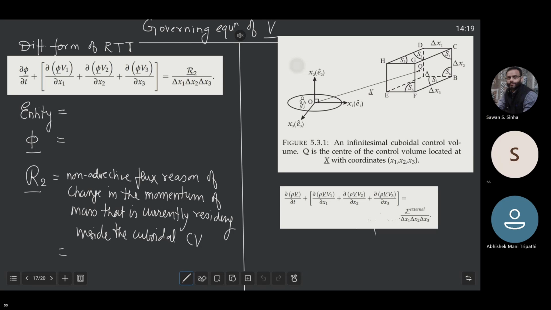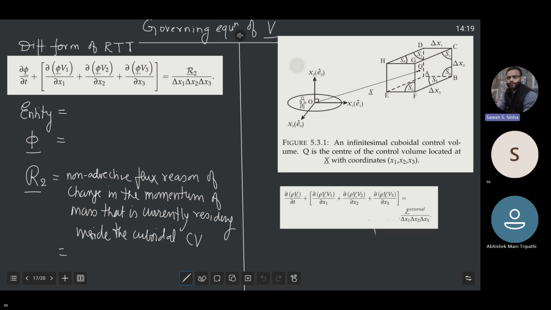Now, today morning and in the previous class, I was trying to give you a way to visualize or narrow down what R2 will be for different kinds of entities. For that, I told you to imagine for a moment that V is 0. In reality, it's not 0.